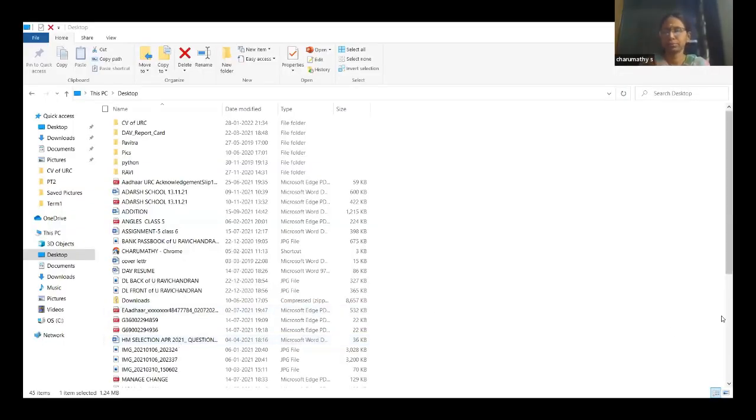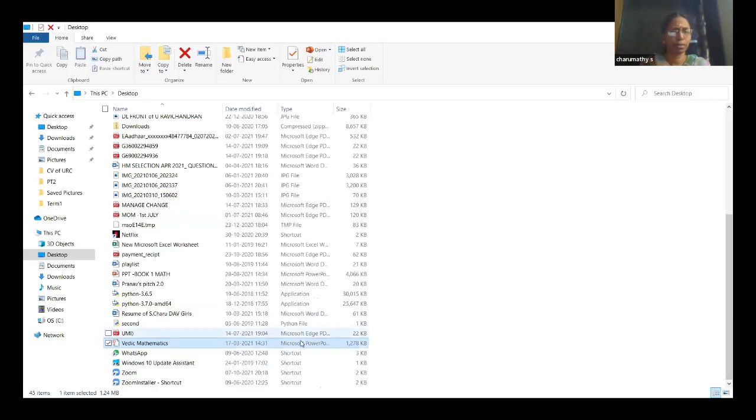Sorry, PowerPoint can't read. Are you able to view my screen? It is showing the desktop.